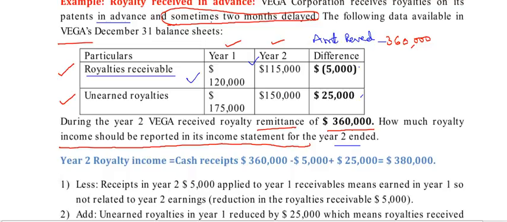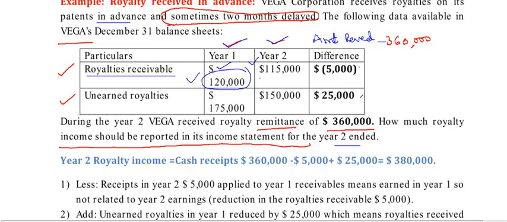Previously the royalties were outstanding, royalty receivable in year 1, so that was earned in year 1 and received in year 2. How much? 5,000, right? 120,000 in year 1, and in year 2 that became 115,000, so 5,000 reduced. So royalty receivable reduced means previous year's royalty was received in this year, which is not related to the current financial year.